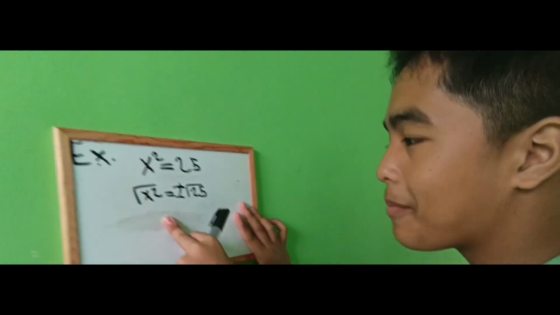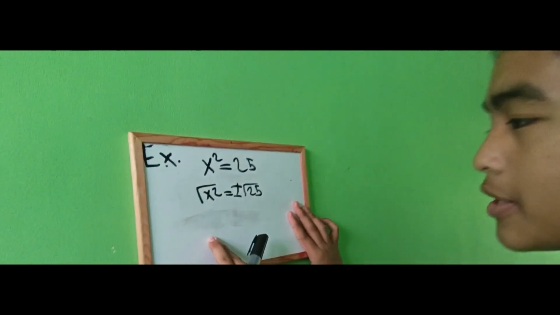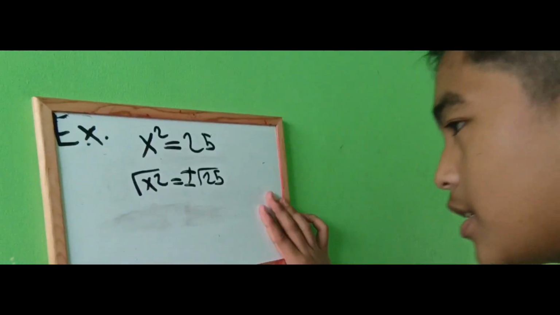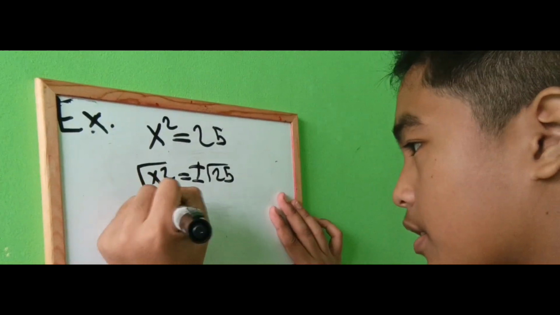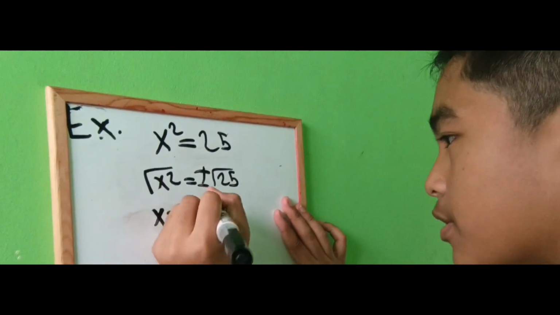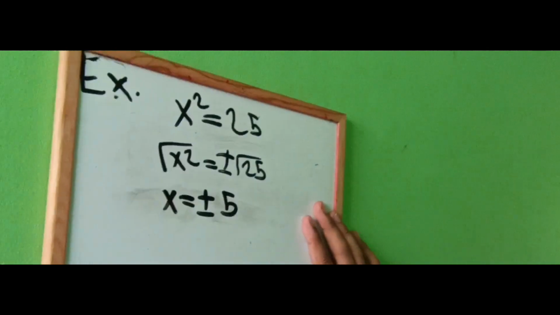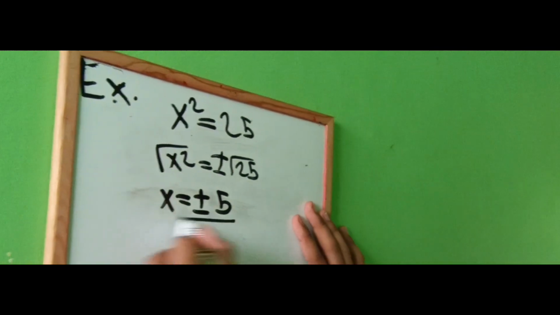After we're done with this step, we now have to move to the other step, which is simplifying both sides. And that is the final answer.